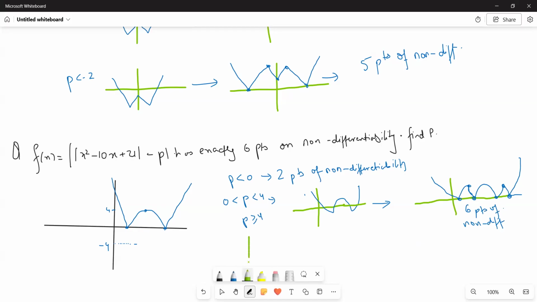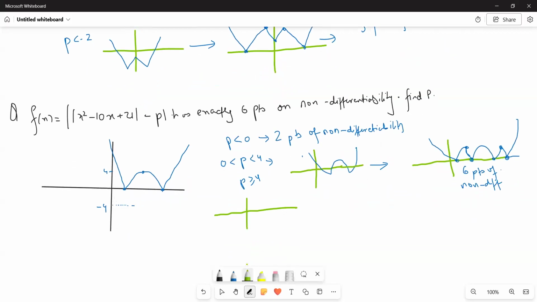And if p is greater than or equal to 4, then the graph will shift like this.